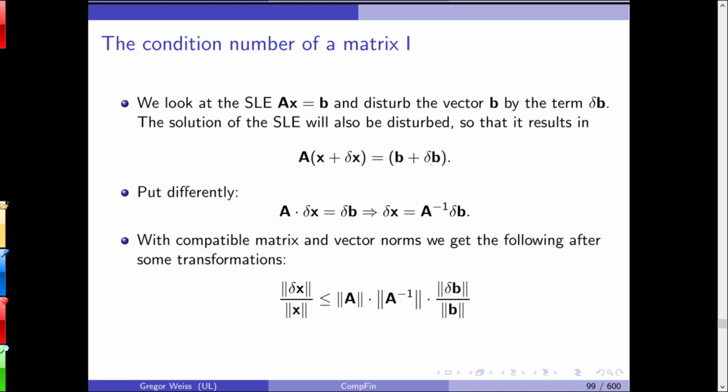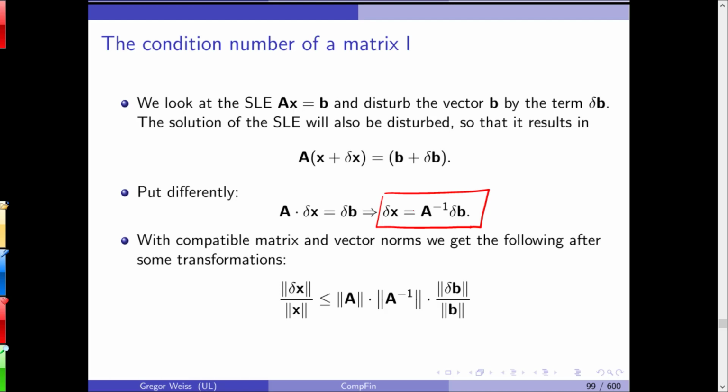Put slightly differently, A times delta x is equal to delta b. That means delta x is equal to A inverted times delta b. So we need compatible matrix and vector norms, and with them we get the following result.